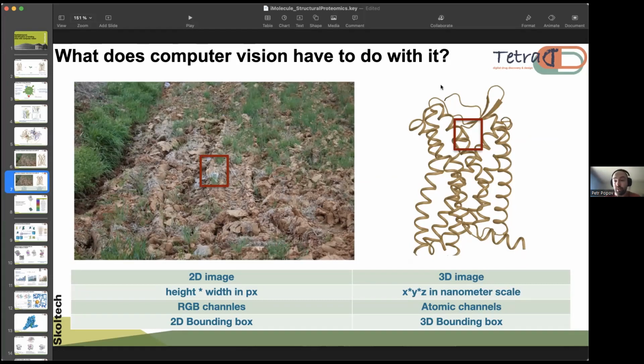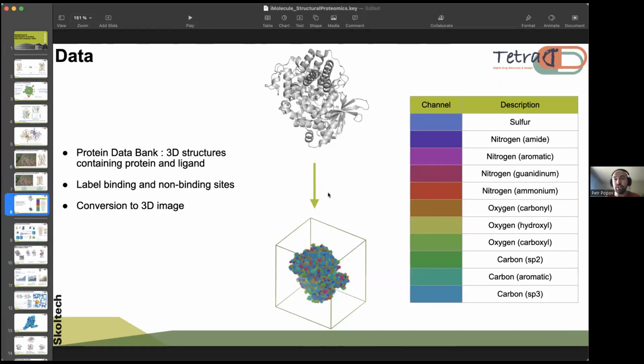On the other hand, we have the protein, which can be considered a 3D image. It has dimensions on the physical scale, the nanometer scale. We can represent it with atomic channels rather than RGB channels. And the goal is to locate the bounding box, the 3D bounding box in this case. So the main question is, how do we colorize the protein? What are these atomic channels in our case?